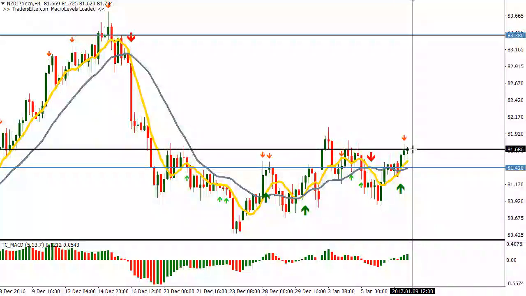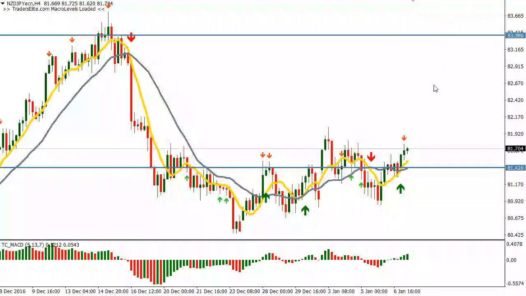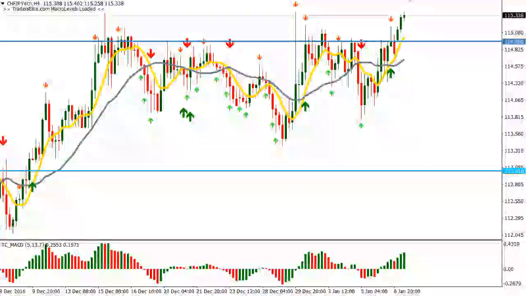Let's say if you put the stop just below your macro level there, 40 or 50 pips for your risk, and you've got 150, 160 pips for your reward here. Obviously, lock in profits as you go. You don't want to be way in profit and then for it to collapse on you and not have those profits locked in. So make sure that you lock in profits whenever you go.